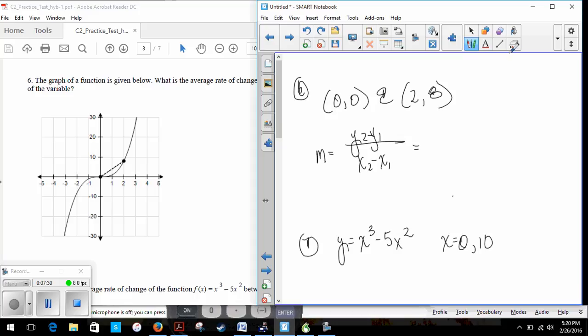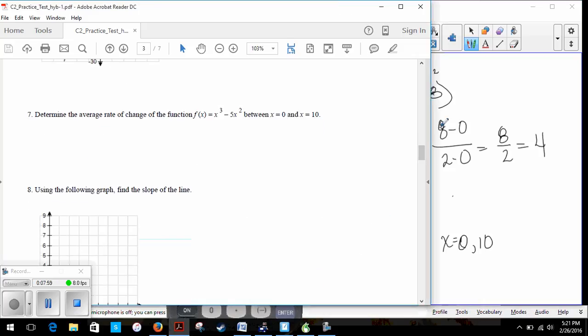I'm going to make this one (x1, y1) and this one (x2, y2). And so I have 8 minus 0 over 2 minus 0, known as 8 over 2, right? And my average rate of change is a 4. Sometimes it's a fraction, sometimes it reduces to just a whole number. Either way is fine.